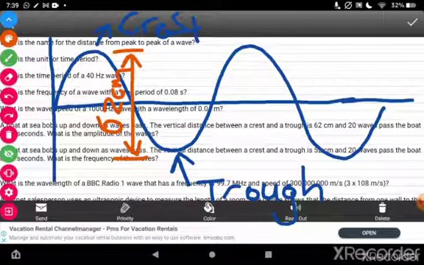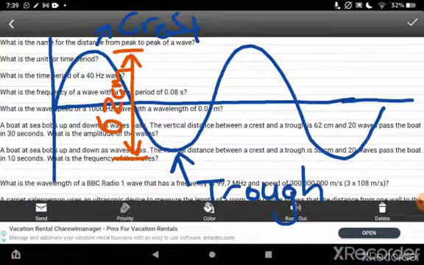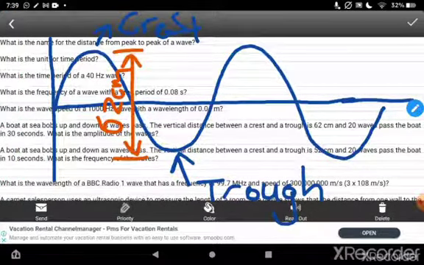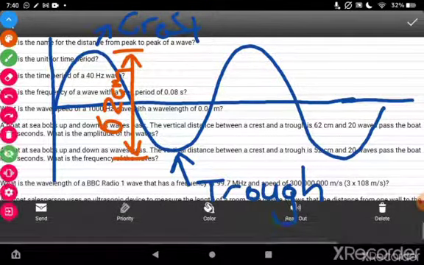And they give us more information. It says that 20 waves pass the boat in 30 seconds. What is the amplitude? So we won't need that second part of the information to find its amplitude.